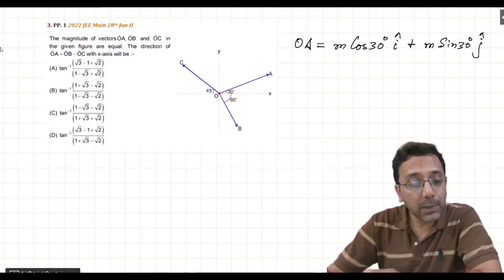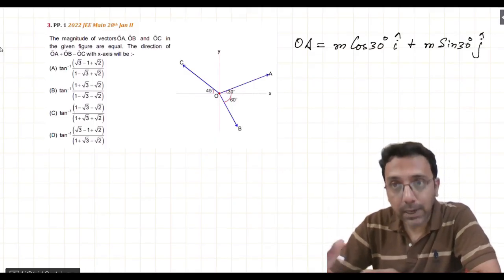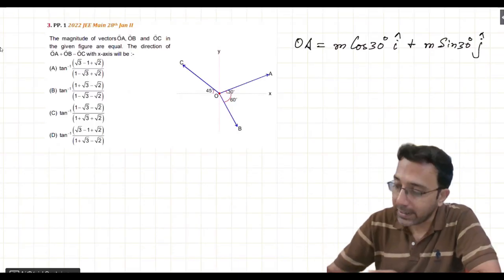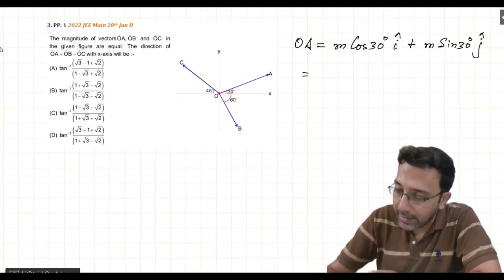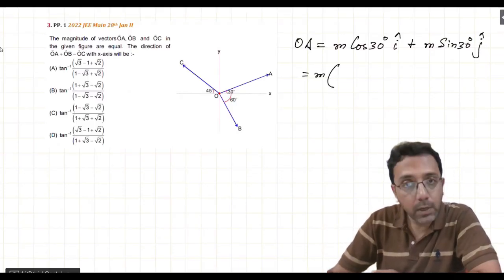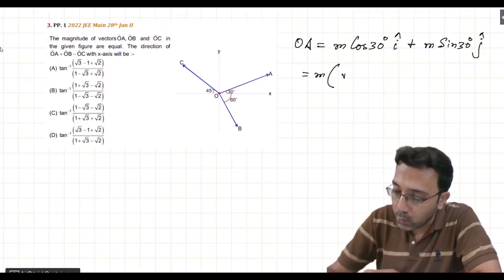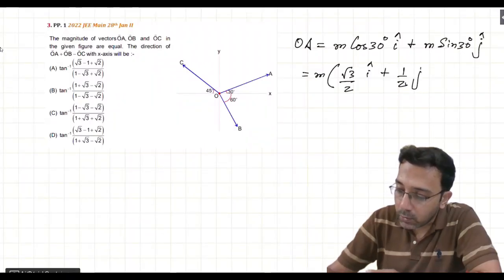Both are positive because both are along the positive x-axis and positive y-axis. Now this can be written as m, taking it common, cos 30 is root 3 by 2 i plus sin 30 is 1 by 2 j.